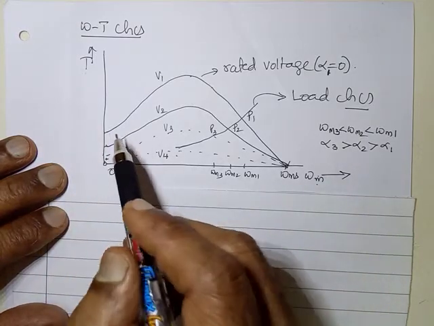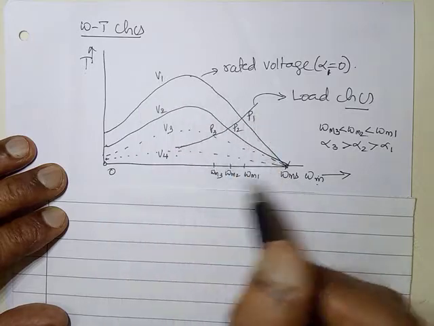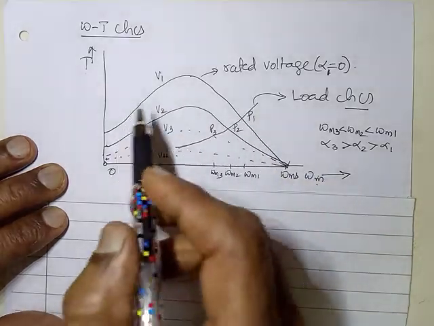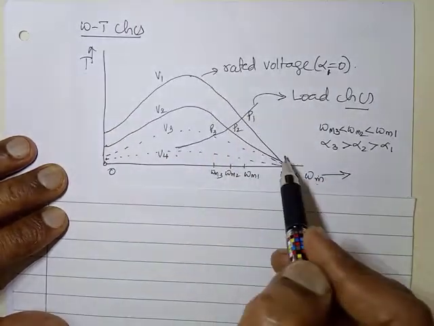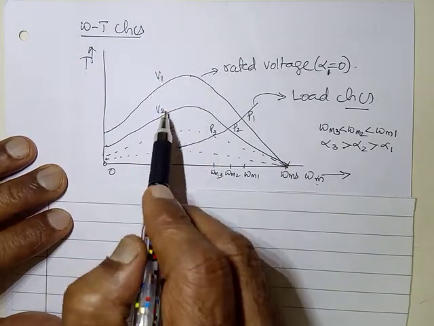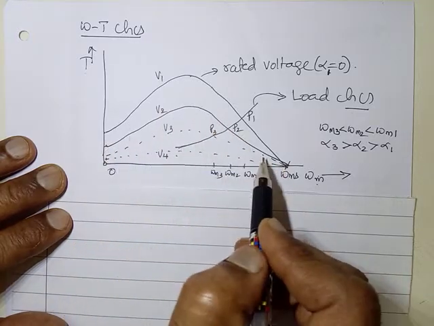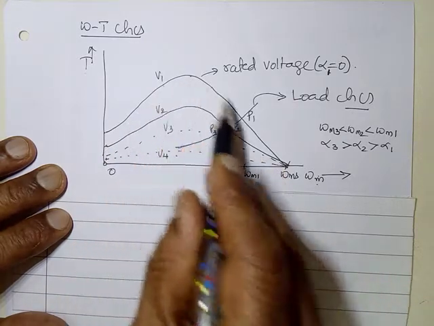On this I have shown the omega-T characteristics of the motor. The omega-T characteristics of the motor for different voltages will be different. As the voltage becomes less, the characteristic also will become lesser in magnitude as shown here.